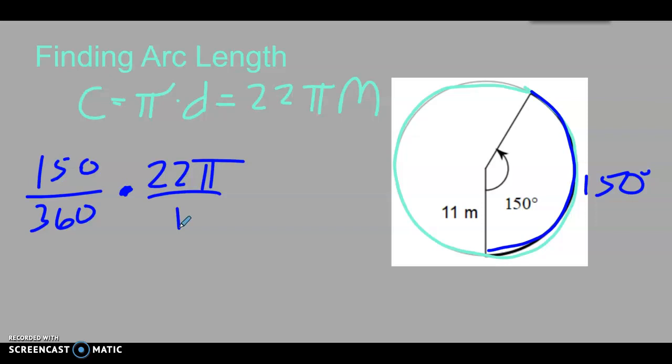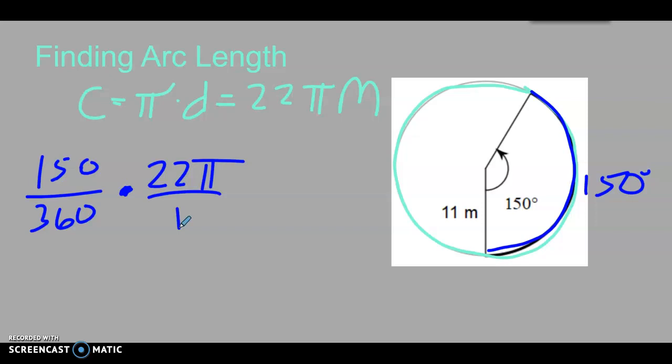So in order to find half of something, you multiply by half. If we want to find 150 360ths of something, we multiply by 150 360ths. So I'm going to go through how I would approach this problem on my own first, and then I'll go through other options for you.